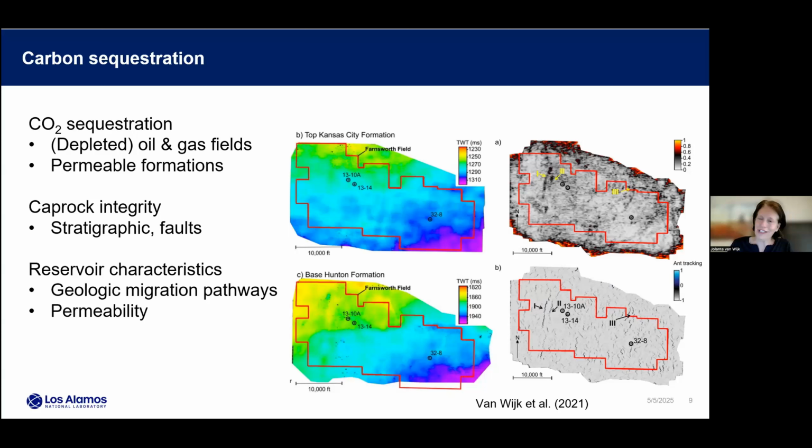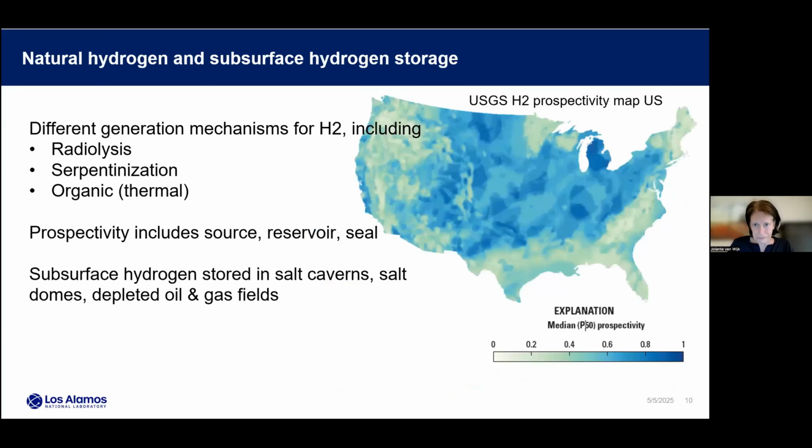So reservoir rocks, they have permeability, but that permeability varies laterally and vertically. And so you can have within your reservoir rock permeable pathways that may influence where the CO2 plume is going to migrate. So those are other things that we're looking at for carbon sequestration.